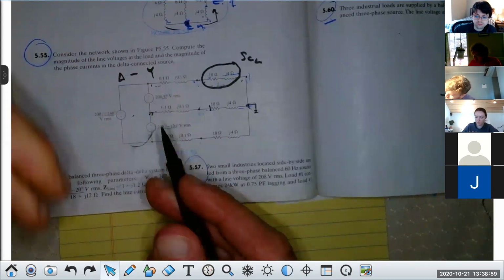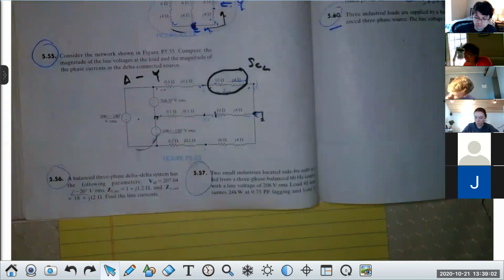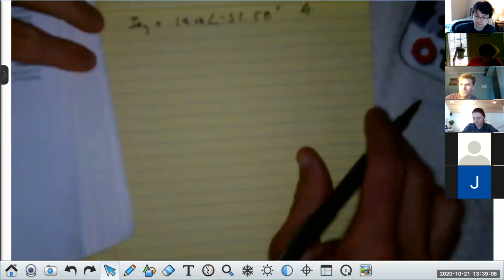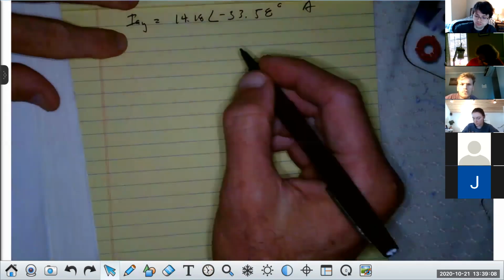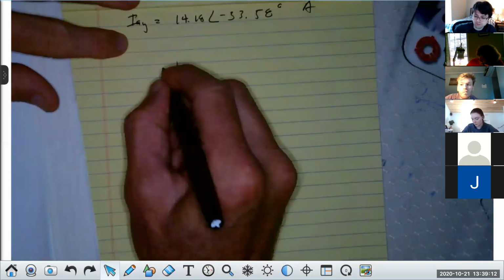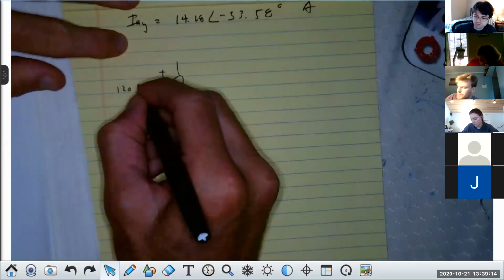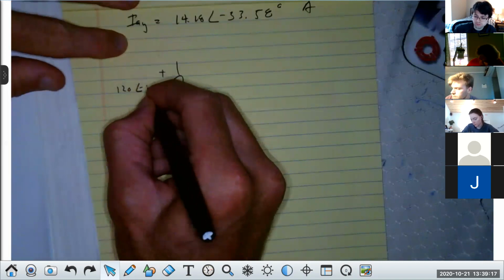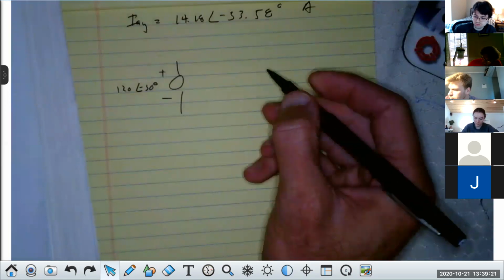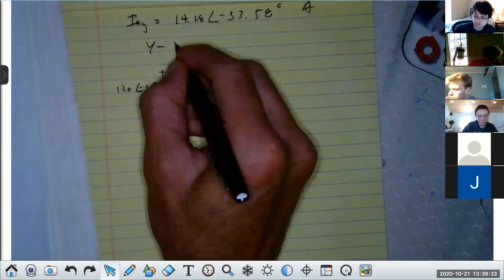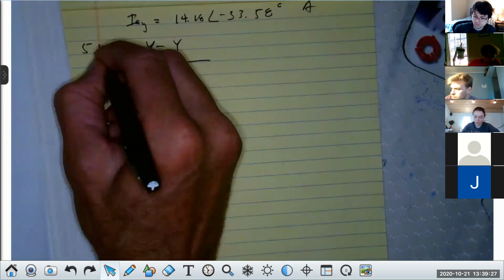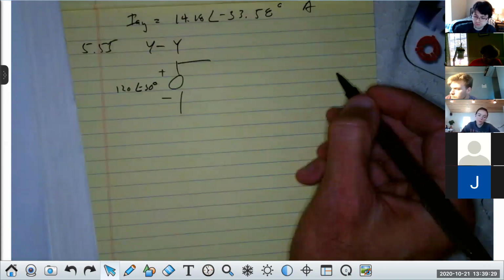So I'm going to show this as a YY configuration, okay? For the YY configuration of this, I have 208 at 0 degrees reduced by square root of 3 in magnitude and subtracting 30 degrees, which will give 120 at minus 30 degrees. Now you can check that, it'll be about 120. Next, this is the YY equivalent on problem 5.55. Now I put in the line impedance just for the A phase.